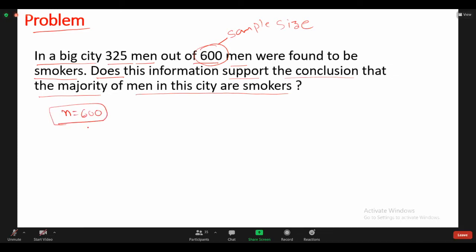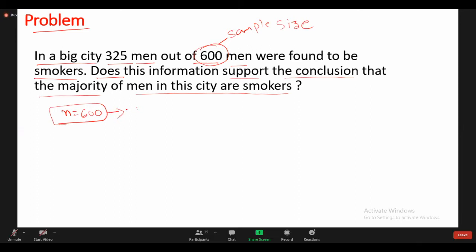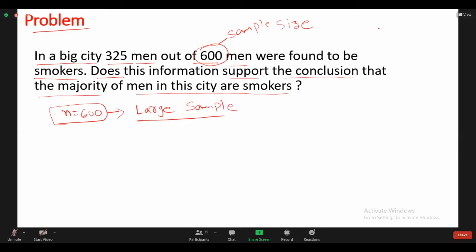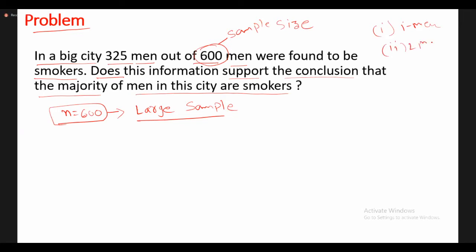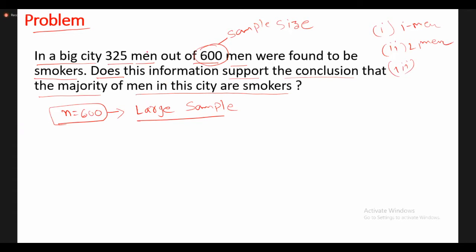That is a large sample because n is greater than 30. In large samples, till now we discussed one mean and two means. Now, single proportion. Read that question: in the question, they discussed about the proportion.